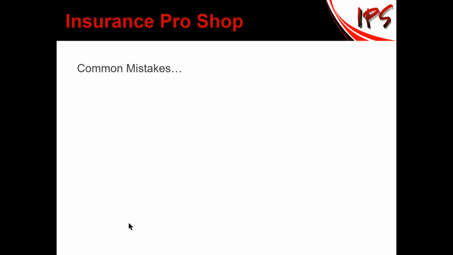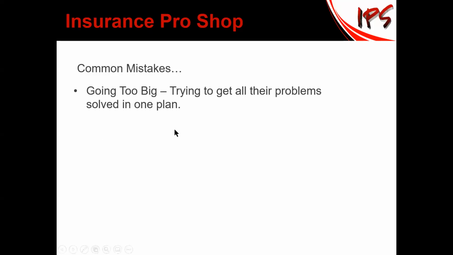All right, so let's finish up with some common mistakes agents make. I want to tell you these so you don't make them yourself. The first one is, you don't go too big. Don't try to take all their problems and solve them in one big plan. I've had clients go in there trying to do Bank on Yourself, equity harvesting, a refinance, all this stuff right from the start, and they end up losing the case.